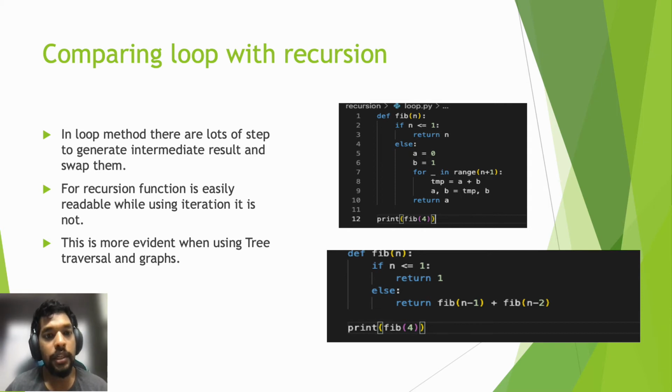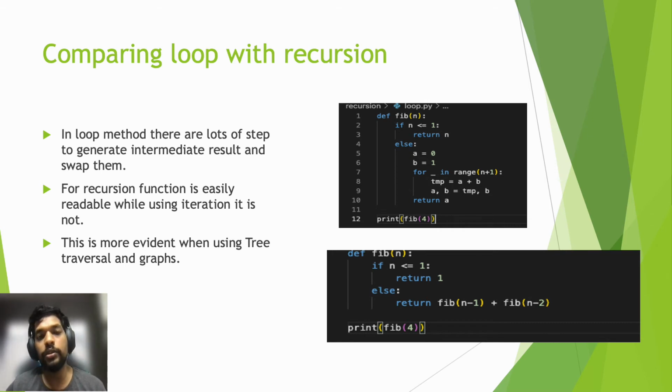In the above picture, you can see def f(n): if n is less than or equal to 1, return n; else a is set to 0 and b is set to 1, and we are iterating over the range n plus 1 and calculating the next value, temp equal to a plus b, and swapping the values and returning a. And this returns the Fibonacci series in a loop, iterative manner.